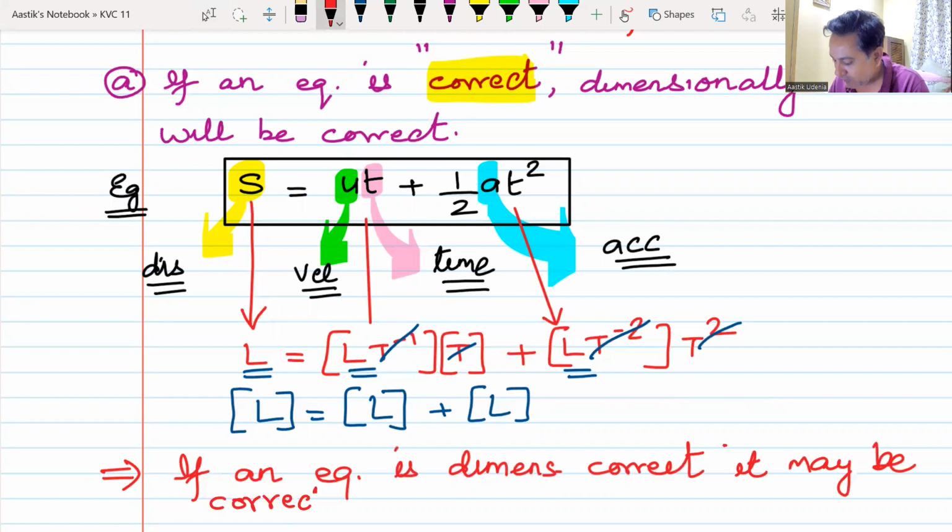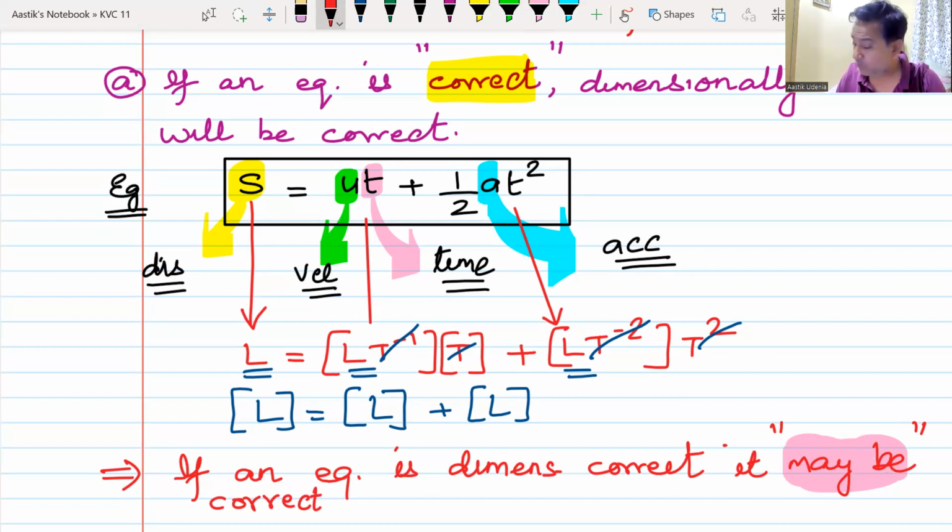I have used the legendary term maybe. I am not using definitely. I am just using maybe. Why maybe? We will get to know about this. Is this point clear to everyone, my dear friends? Yes or no?